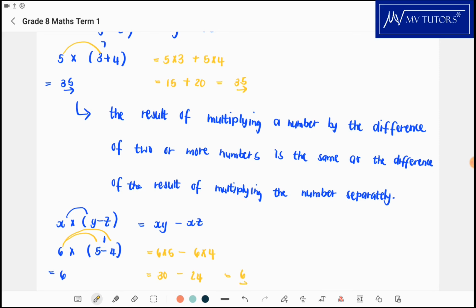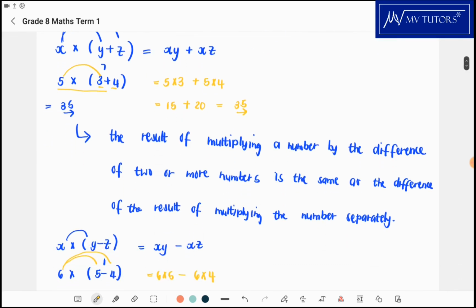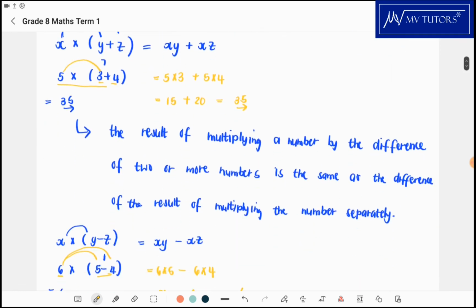That is 6. So yes, that is the distributive property. You are distributing, in the first case, the 5 among 3 and 4. Or in this case, you're distributing the 6 among 5 and 4. So this is the distributive property.